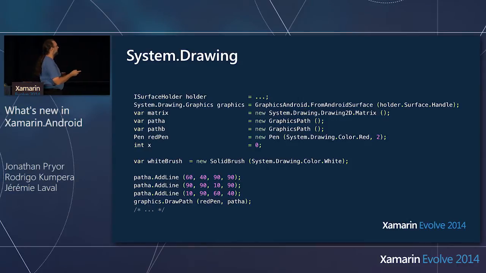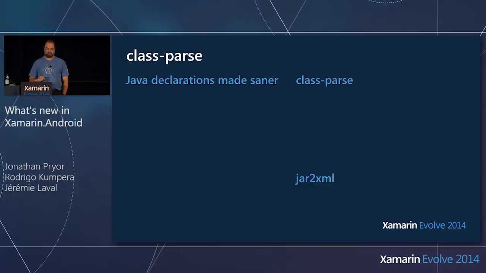For example, here we have Graphics Android from Android Surface, just to glue things together. But aside from the gluing things together, everything else should be more or less bog standard System.Drawing semantics for everybody who actually wants to use System.Drawing. I don't know. I don't do lots of drawing.